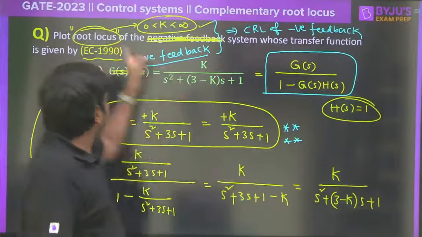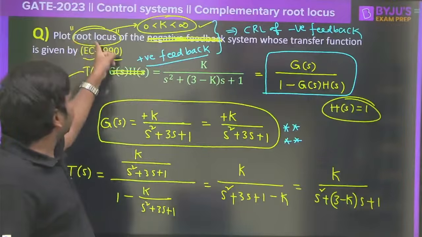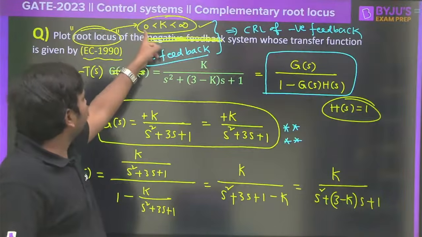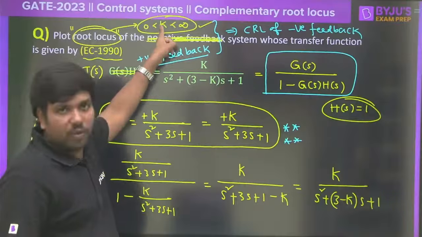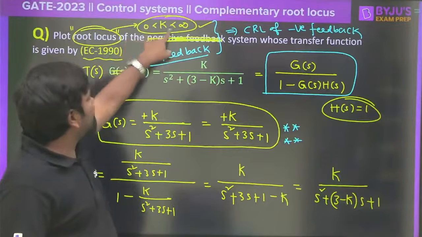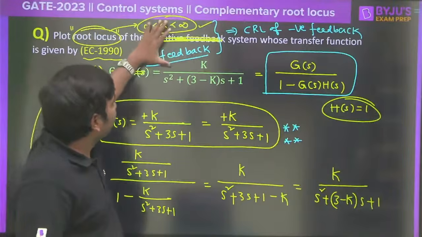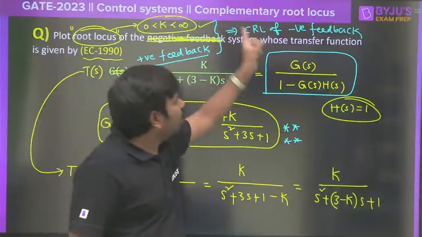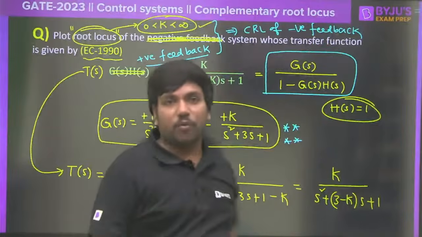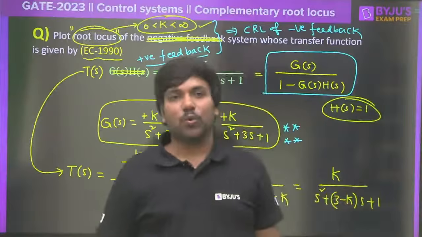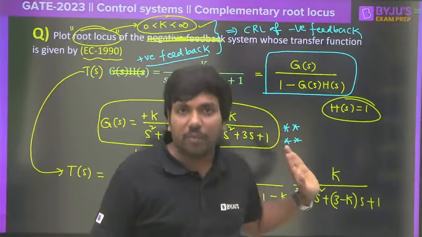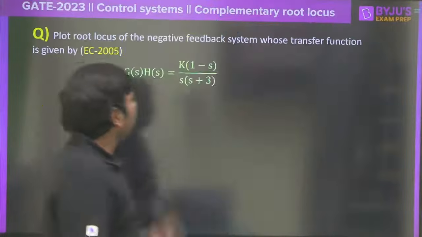Correct? And clearly it was mentioned that you need to plot the direct root locus, so that k should vary from 0 to infinity. But for positive feedback, k varying from 0 to infinity indirectly means the complementary root locus of negative feedback. Now we must use the rules whatever you have studied for the complementary root locus to sketch this one.